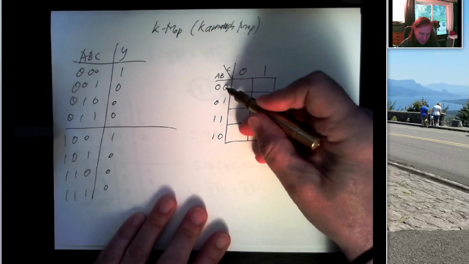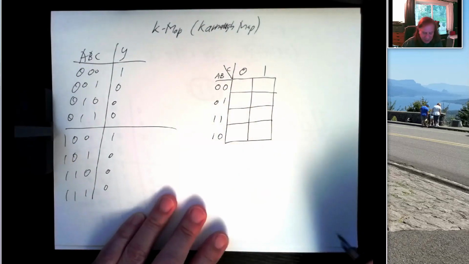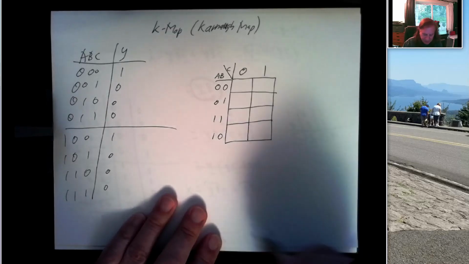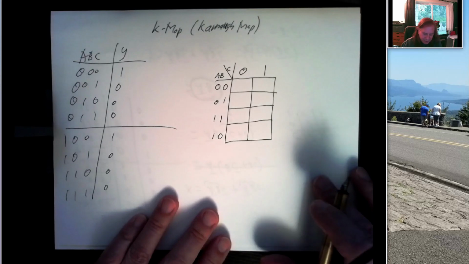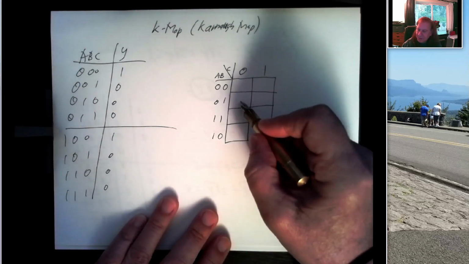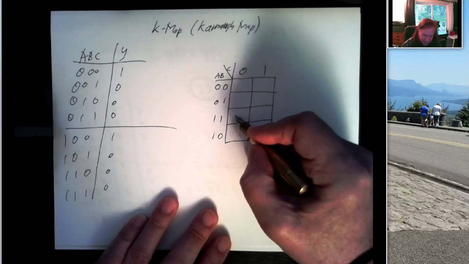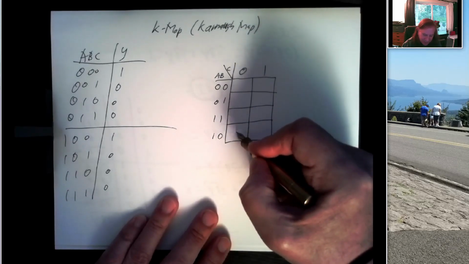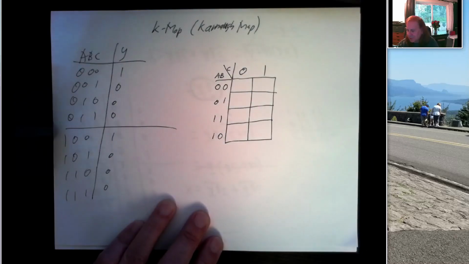We go from 0, 0 to 0, 1, and then we jump to 1, 1, and then down to 1, 0. And that's super important. If we flip these, our K-map doesn't work. The goal is that when we move from one box to an adjacent box, exactly one variable changes value. So from here to here, A changes from a 0 to a 1. From here to here, B changes from a 1 to a 0. From here to here, C changes from 0 to 1.